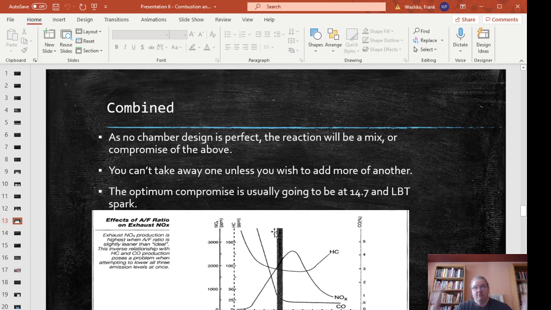So what everybody has decided to do is, you can't really say that hydrocarbons are better than NOx or NOx are better than hydrocarbons. So you make the best of what you have, and you take 14.7 to 1, the stoichiometric result, and then you take whatever you end up with in the form of hydrocarbons and carbon monoxide and NOx, and you deal with it in the after treatment.